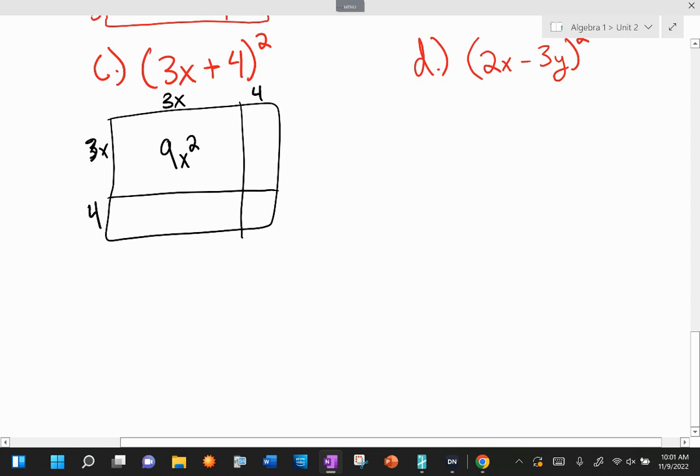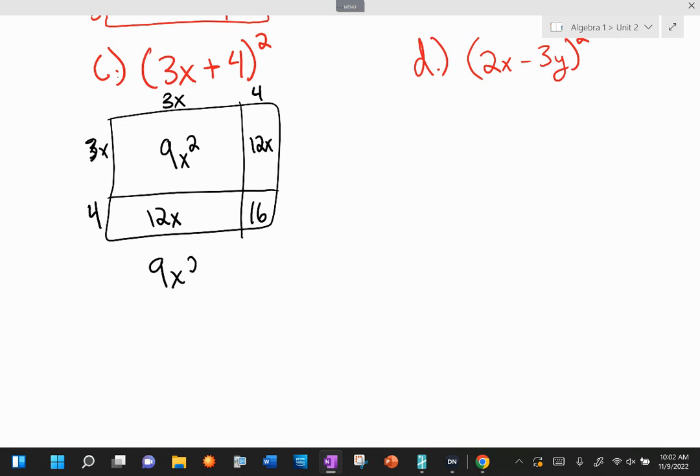Then 3x times 4 would be 12x, and 3x times 4 is 12x. And then the last box in the bottom right, you'd have 4 times 4, which is 16. So then you'd have 9x squared plus 12x plus 12x. Then you combine like terms, so you'd have 9x squared plus 24x plus 16.